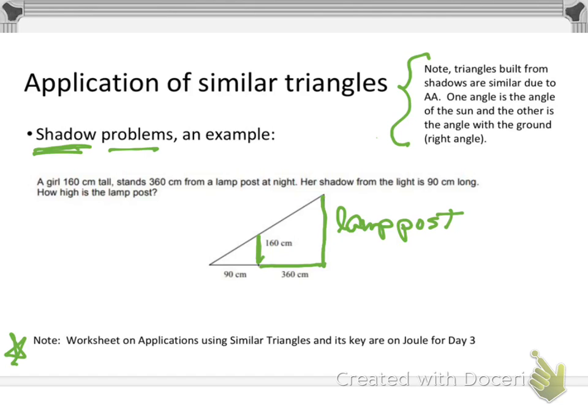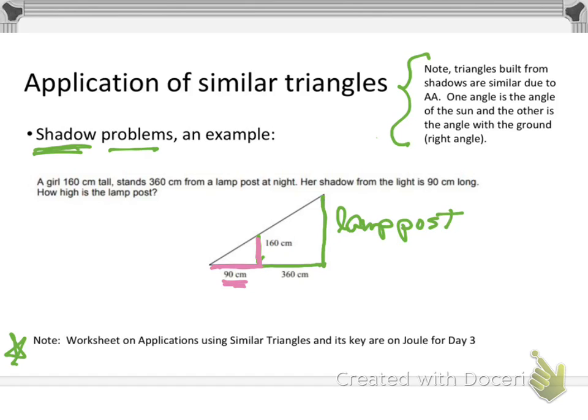Her shadow from the light. Okay, so let me just do this. When she casts the shadow, so here's the girl's shadow. Okay, so her shadow from the light is 90 centimeters long. So that's her shadow length. How high is the lamppost?